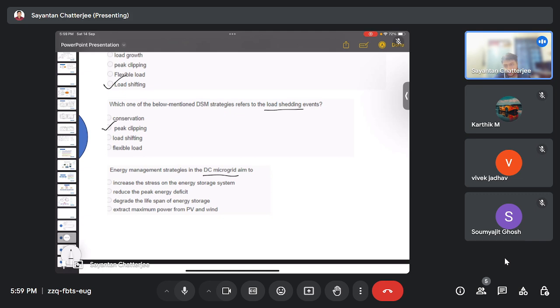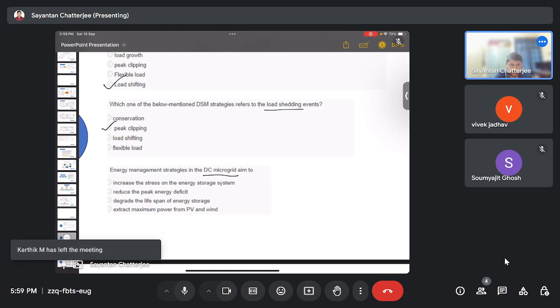From the DC microgrid perspective, what's the aim? The aim is to reduce the peak energy deficit.